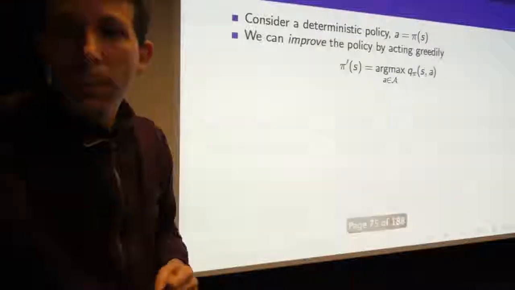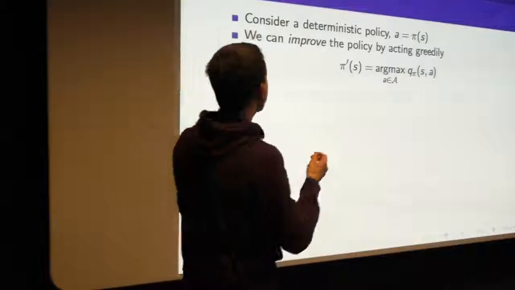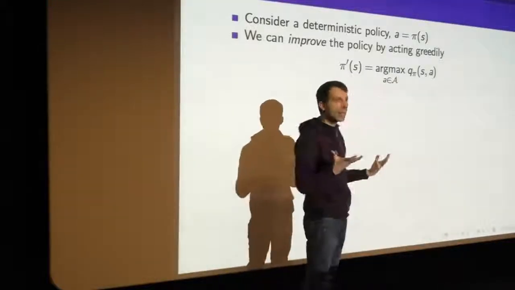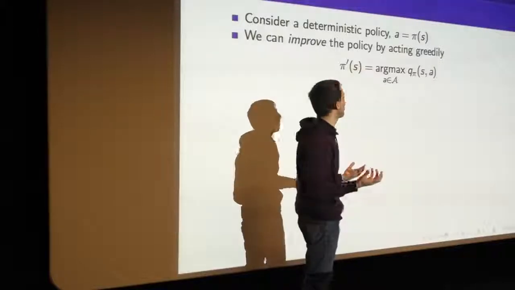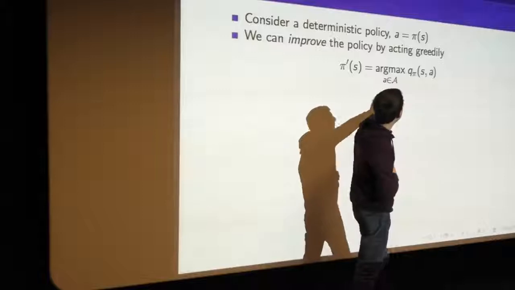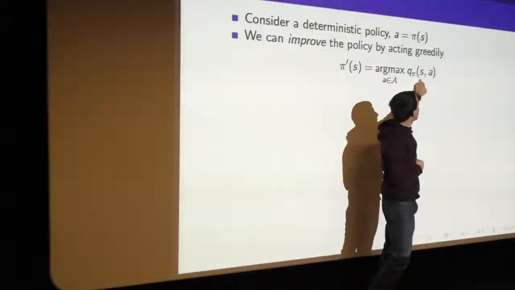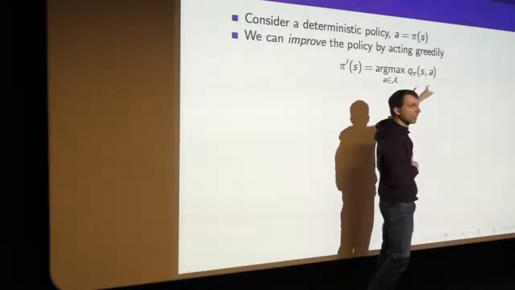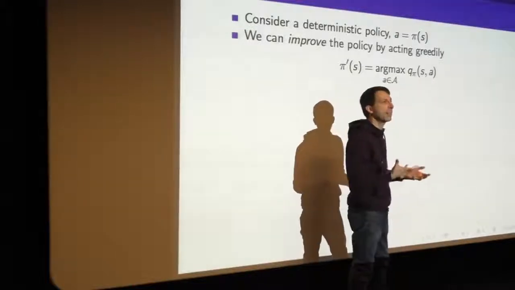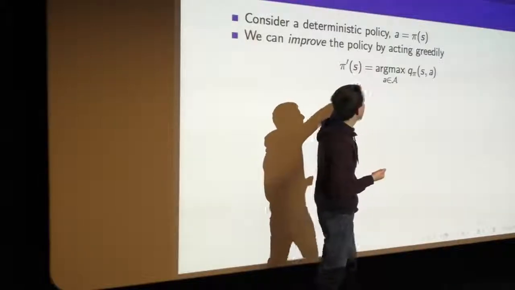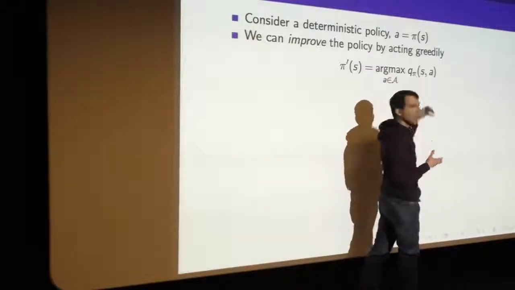So how do we come up with our new policy? The way we come up with a new policy is by acting greedily. Now let's define what it means to act greedily. Acting greedily means that we look at the value of being in a state and taking a particular action, and then following your policy after that. That's precisely the action value.